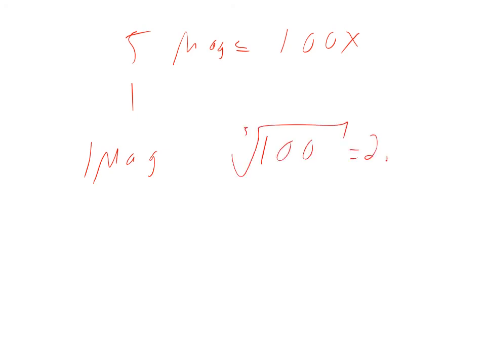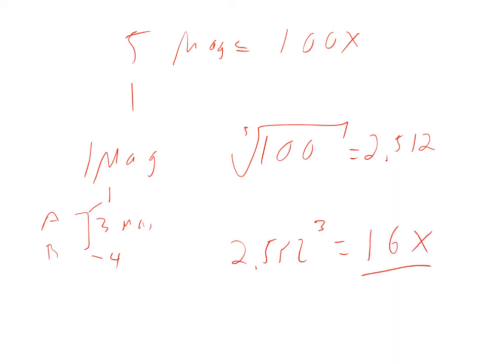Well, that turns out to be 2.512. So if you have 2 stars, star A and star B, with a difference of 3 magnitudes, so let's say this one is magnitude 1, that one's magnitude 4, then it'd be 2.512 to the 3rd power. You just enter that into the calculator, 2.512 raised to the 3rd power, and that's going to be about 16 times brighter.